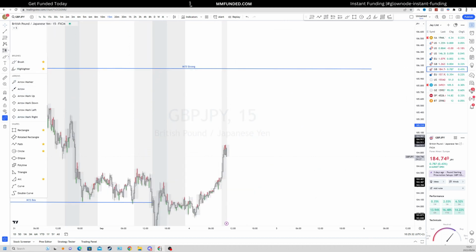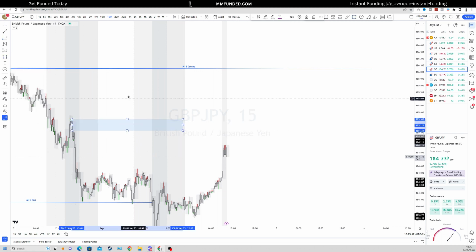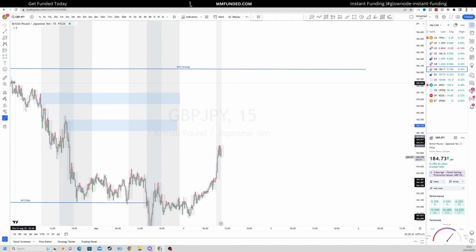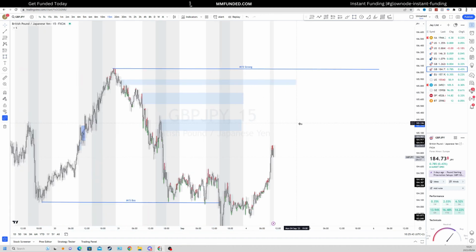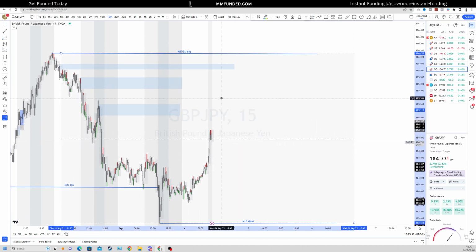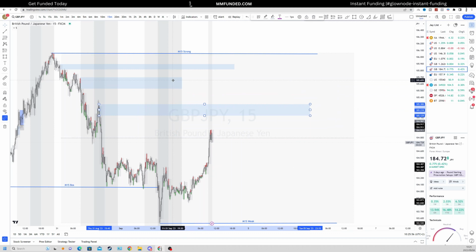So again, the best way to determine your POIs in a scenario like this, you'll have one here, you'll have one potentially here, and even maybe an extreme one all the way up here. So in this scenario, what I usually do is I'll take my fib tool, mark out the discount, equilibrium, and premium, and I'll mark out my first area of supply.